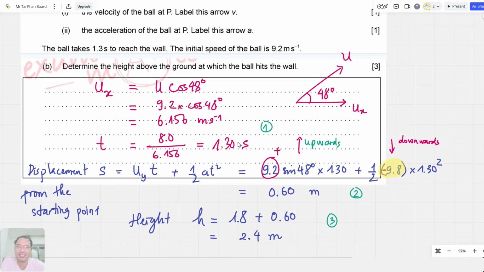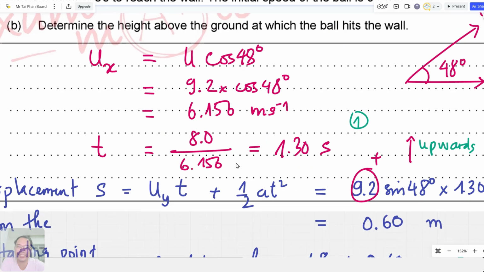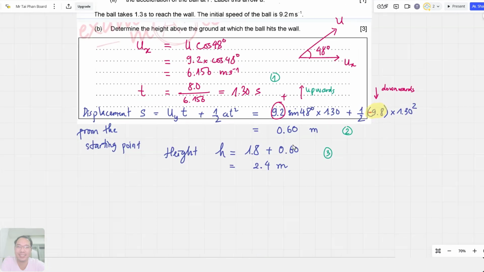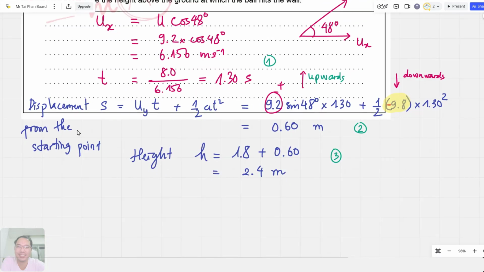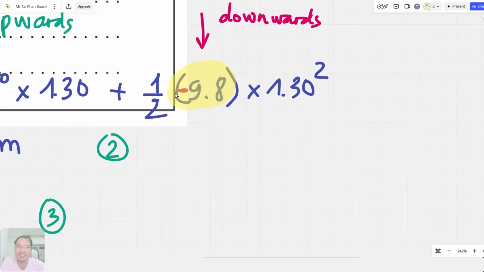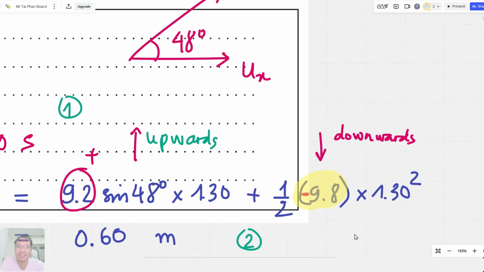The horizontal movement is a constant movement with constant velocity and 0 acceleration. That's why we can calculate the time by taking the distance and dividing it by the horizontal speed. And the vertical motion is an accelerated motion with the acceleration g of minus 9.8 meters per second squared in the downward direction.